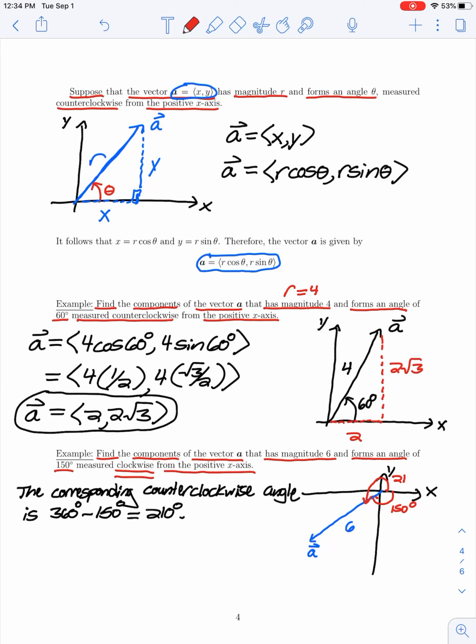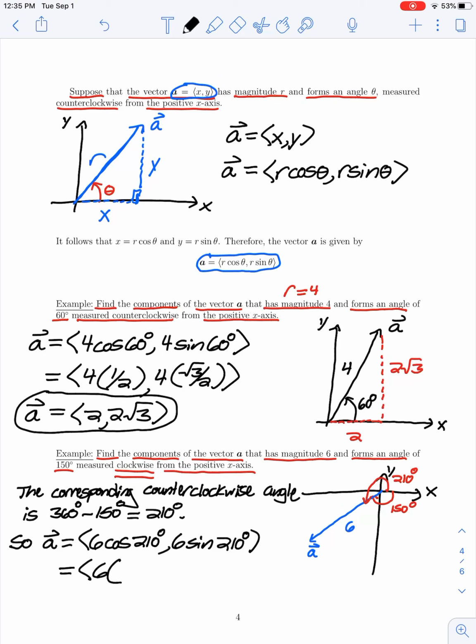So let me label that here in my figure. So using our formula, we could define A, whose x component would be r, which was 6 here, times cosine of that counterclockwise angle, 210 degrees, and y would be 6 times sine of the 210 degrees.